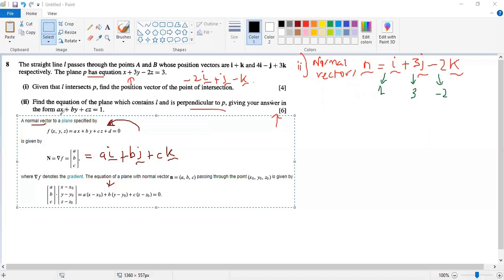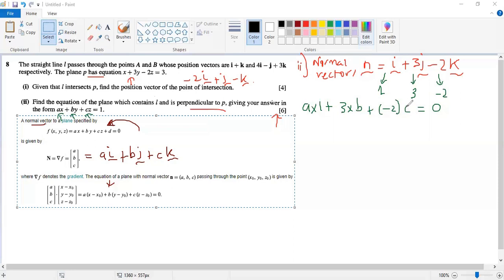And our plane has A, the coefficient of that, B, and C. So in other words, we just take a direct multiplication: 1 times A, plus 3 times B, plus minus 2 times C, equals 0.